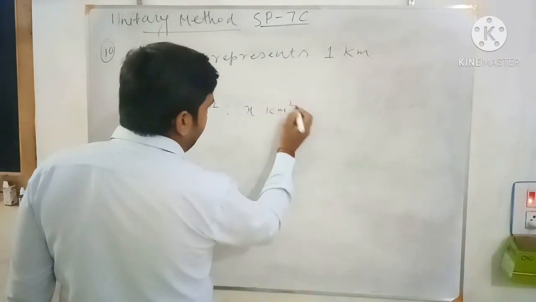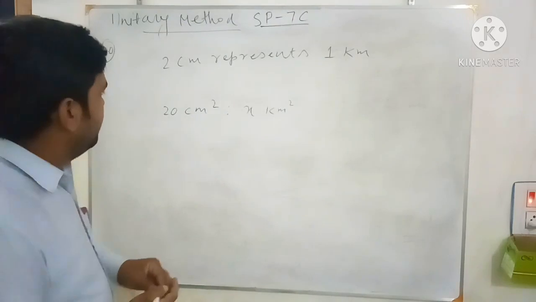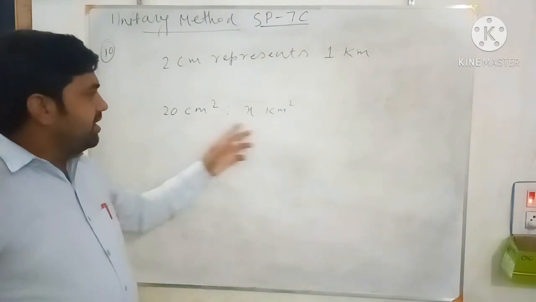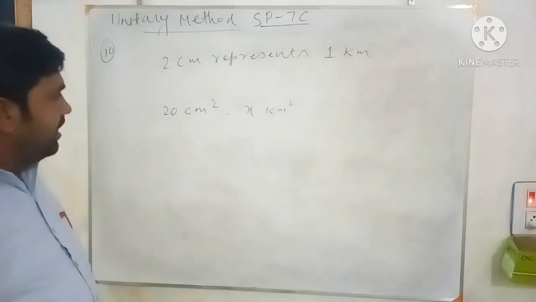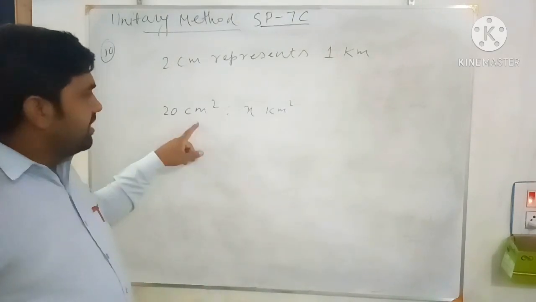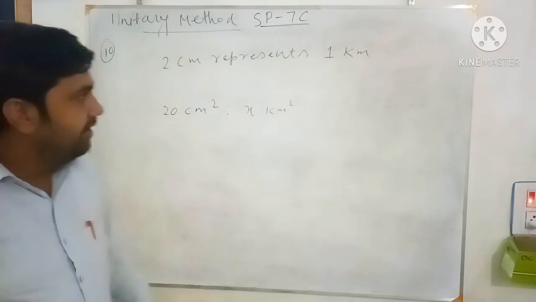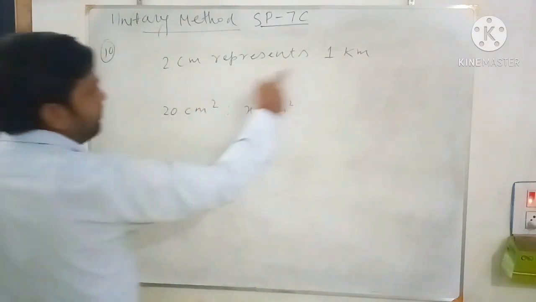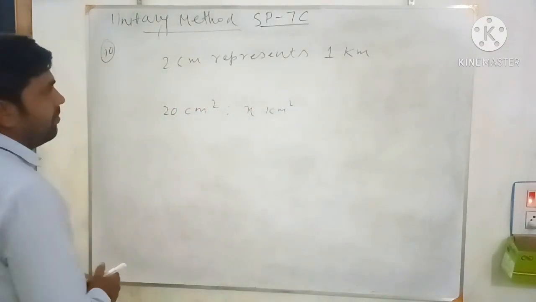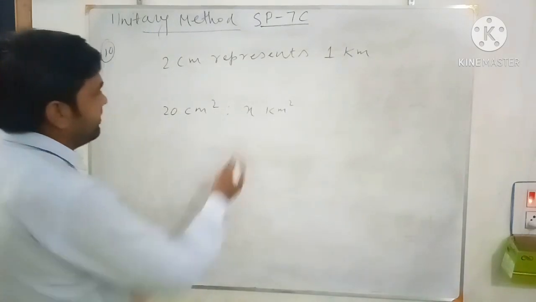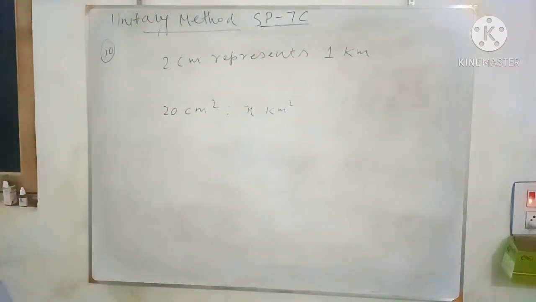Let 20 centimeter square on the map represent x kilometer square on the land. So 2 centimeter represents 1 kilometer. So how will we find this? See it in the ratio.